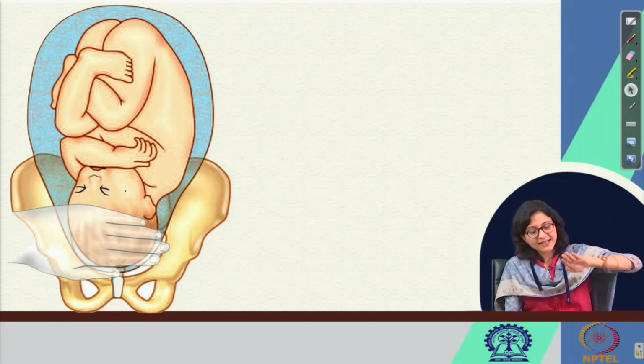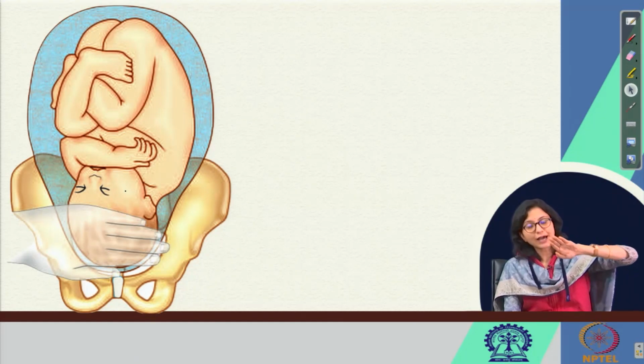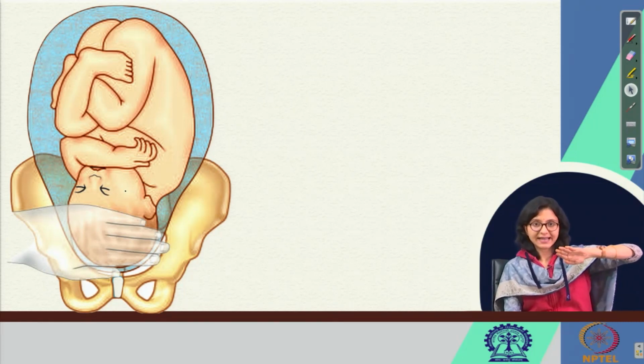So when we place our left hand on the mother's lower uterine segment, just above the symphysis pubis, and if all the 5 fingers grasp the fetal head, that means the whole of the fetal head is above the symphysis pubis.